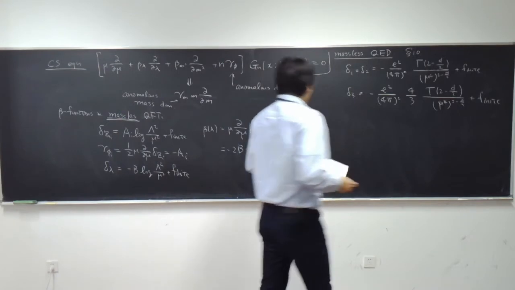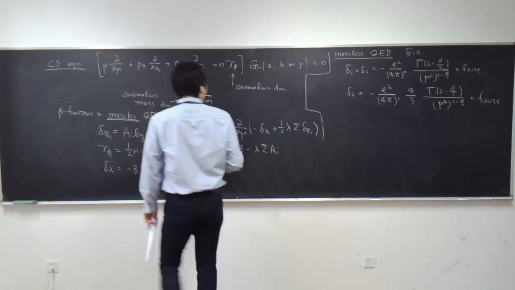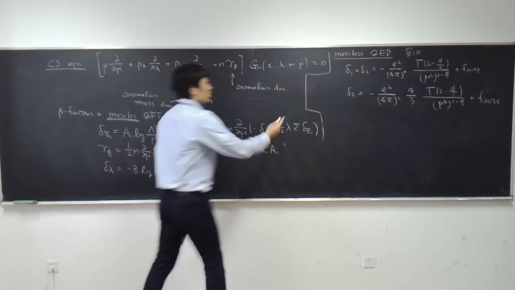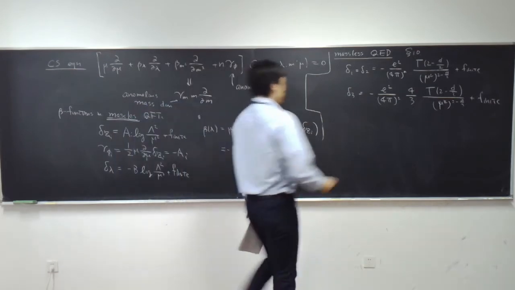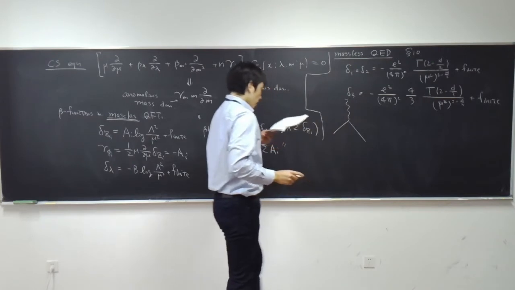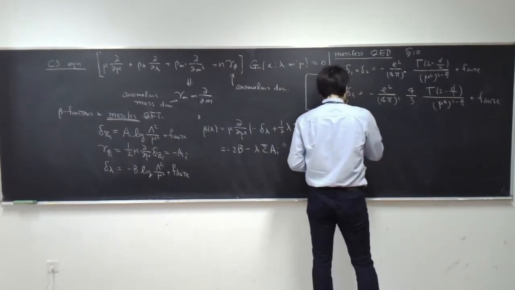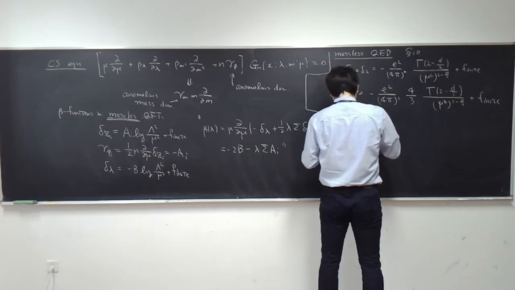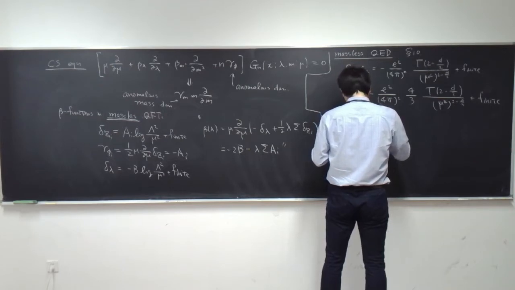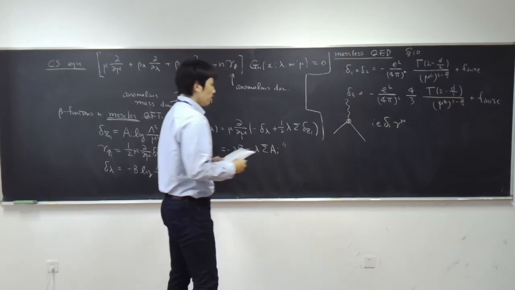Now I'm interested in this. We want to apply this formula to massless QED. To this end, I look again at the 3-point function, where the counterterm is given by i e delta 1 gamma mu.